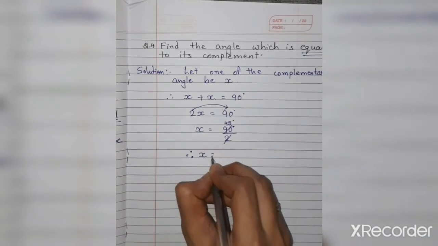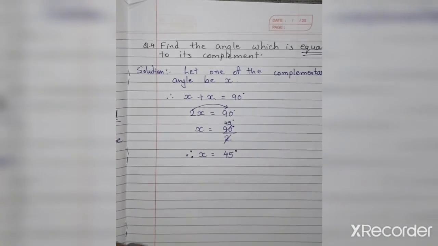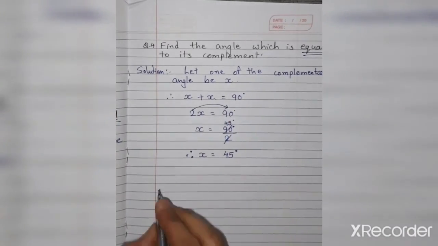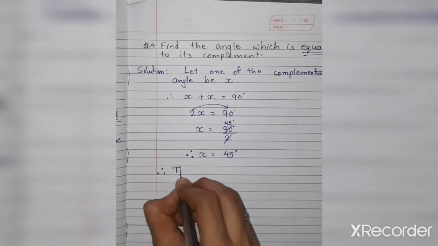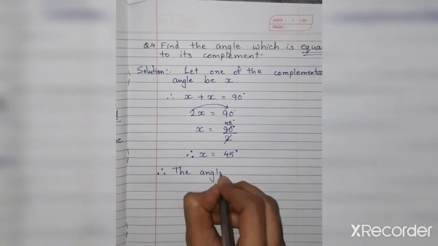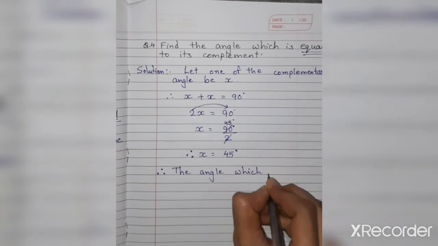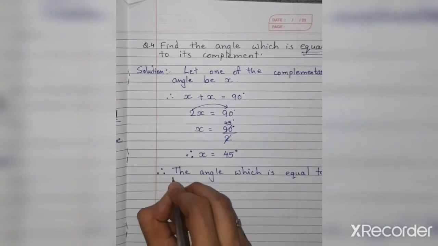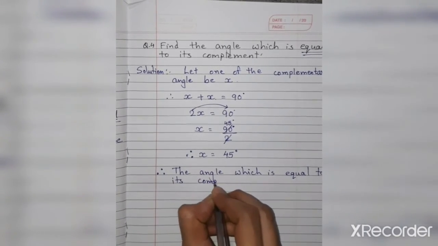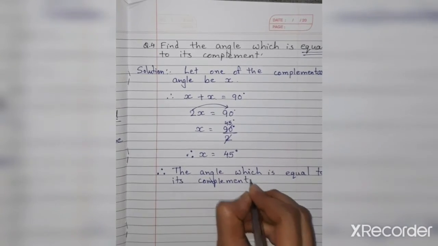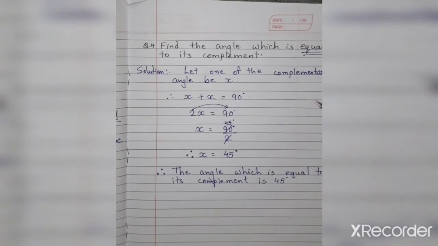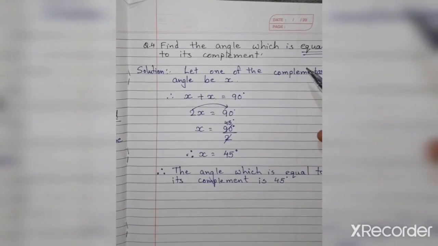So x equals to 45 degree. The angle which is equal to its complement is 45 degree. So here you can write the angle which is equal to its complement is 45 degree.